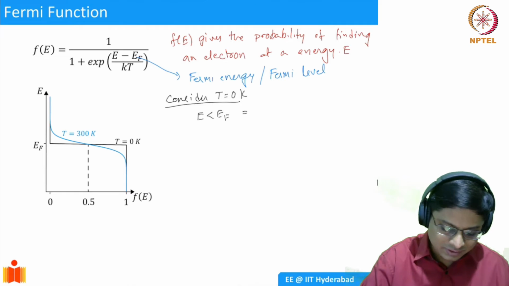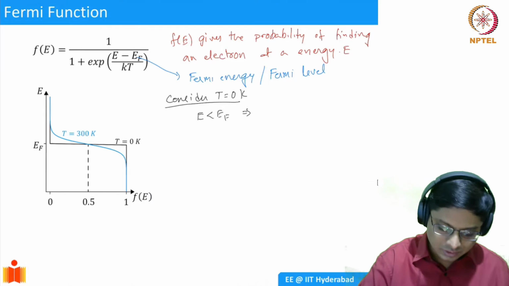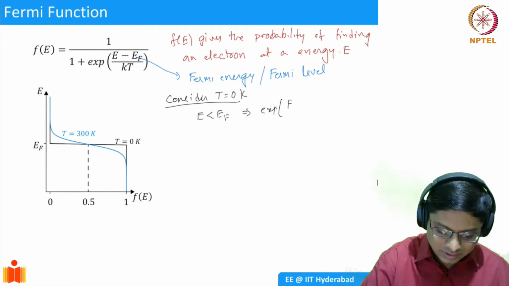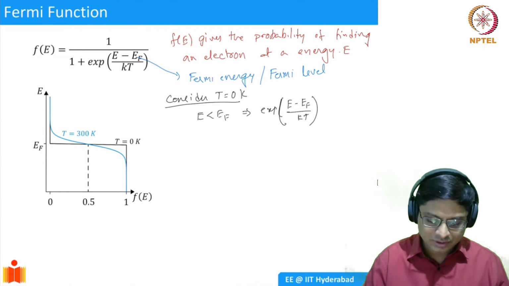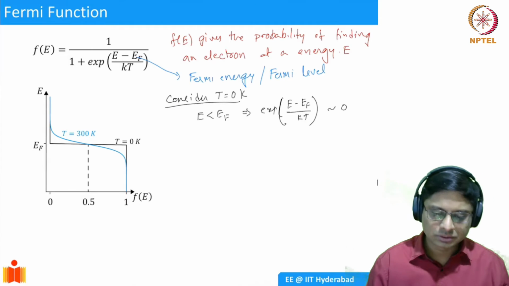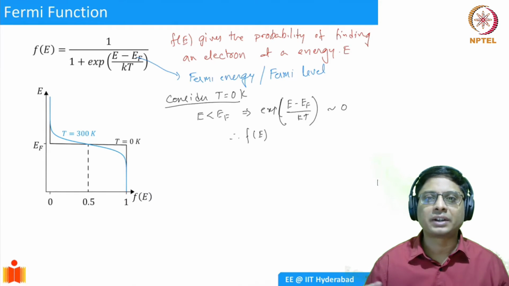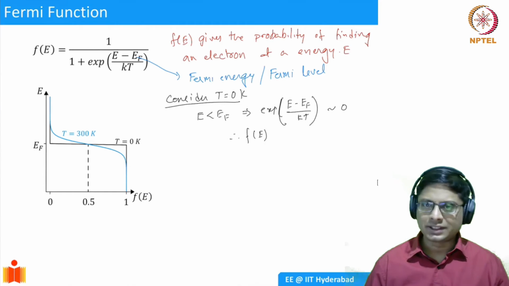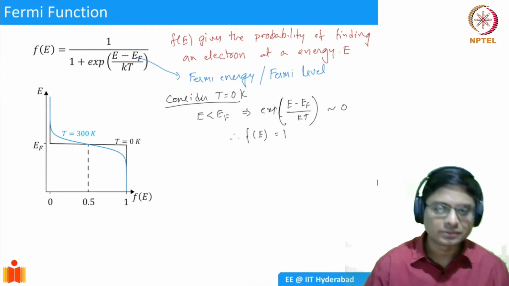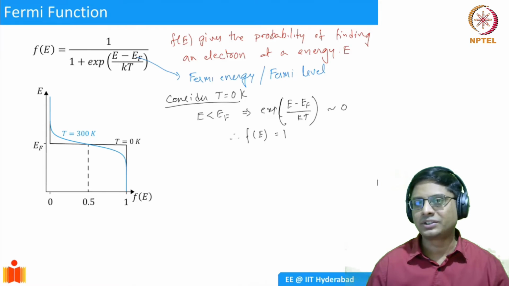The term in the exponential is going to be negative, and because of which essentially the exponential will go to 0. Therefore, your f of E, the probability of finding an electron at a particular energy, if E is less than EF, is going to be 1. It has a very high probability of finding an electron below an energy EF.